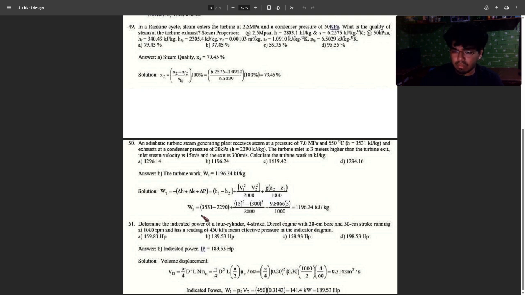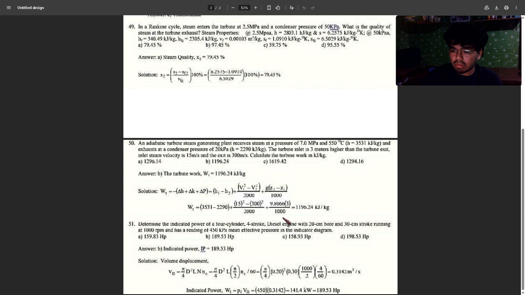So 3531 minus 2290 plus 15 meters per second squared minus 300 meters per second squared over 2000 plus gravity 9.81 times 3 over 1000.